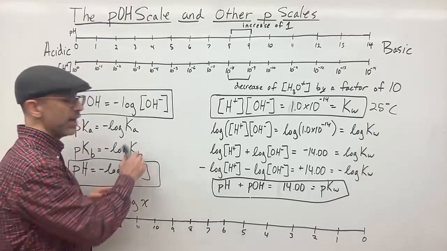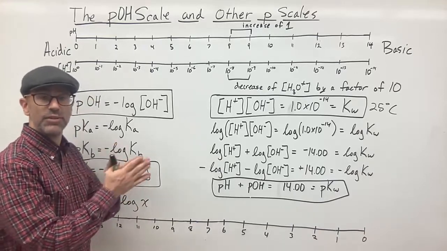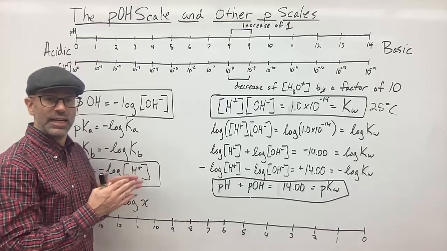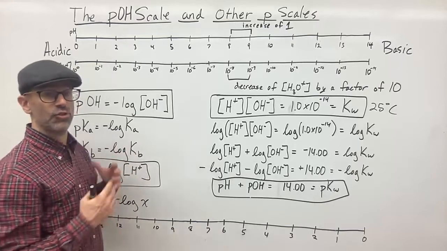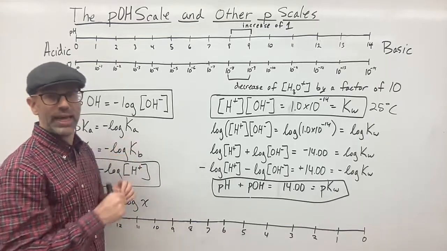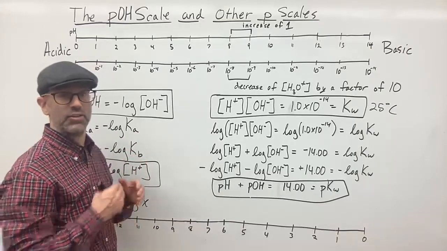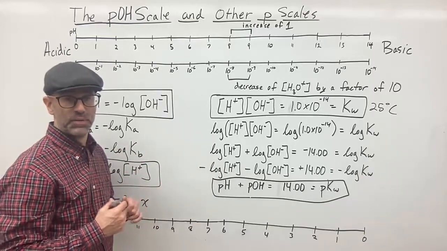So remember that the Ka value of an acid is a measure of the strength of that acid. If the Ka value is large, then that means it's a strong acid, right? If that Ka value is really small, then it's a weak acid. It means it doesn't dissociate or ionize in water very easily, right?